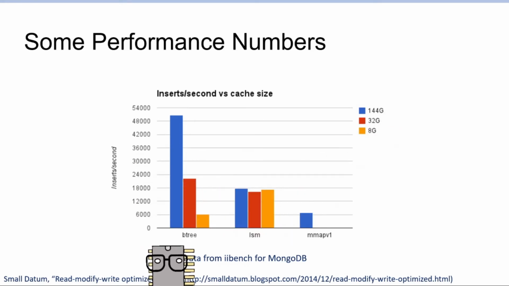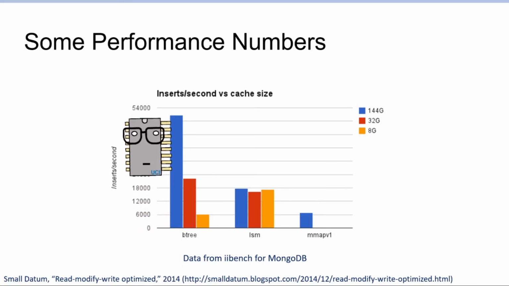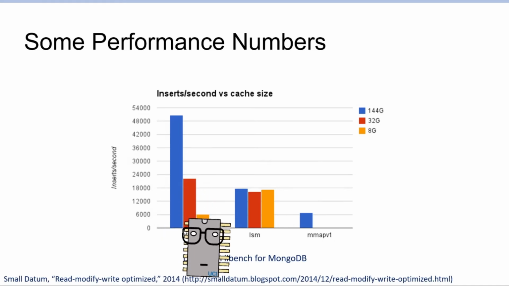B trees work fine when the in-memory buffer size is very high, because that means you can pretty much accommodate most of the data in memory, so performance is really good. But as the relative size of the in-memory cache becomes smaller and smaller, the data structure becomes more and more inefficient.